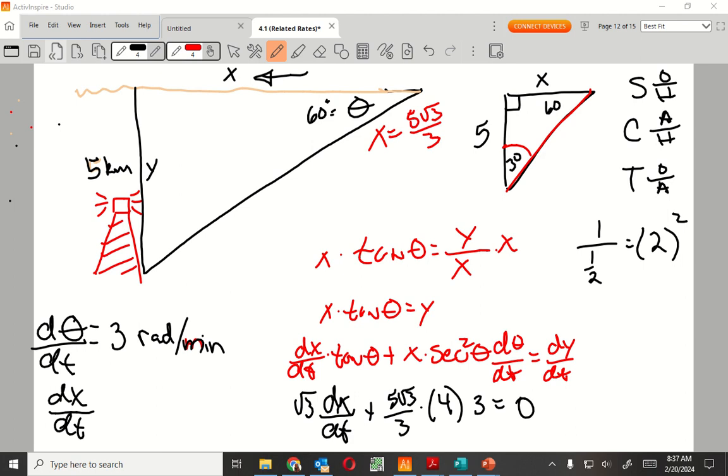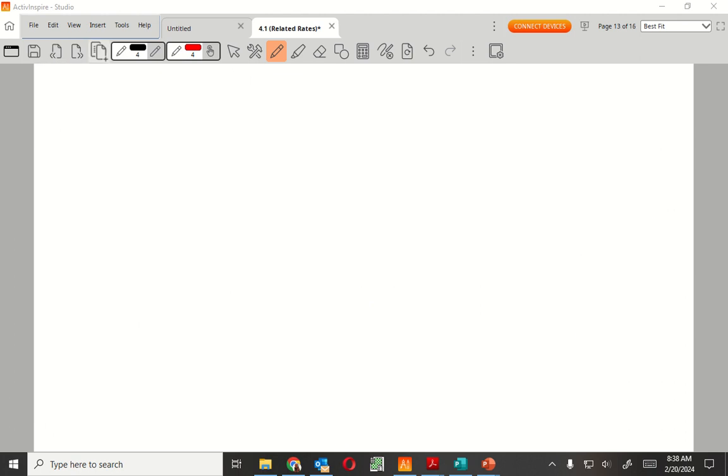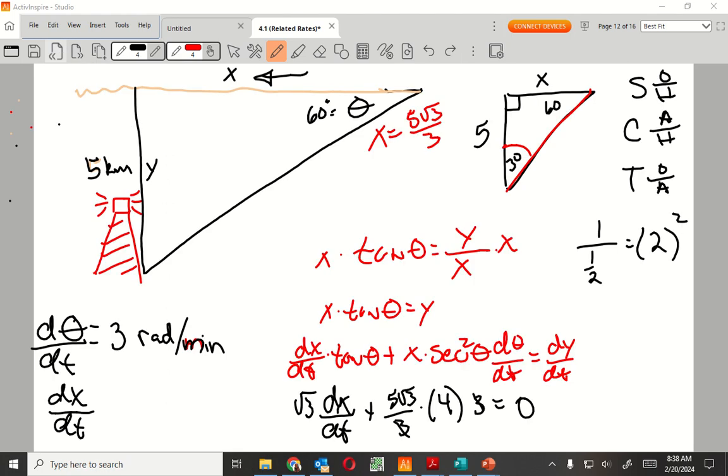All right, let's do a little math. That's going to be 20 root 3. Let me pull it over to a new page, because I hate getting to the bottom. So we have root 3 dx dt plus 20 root 3.